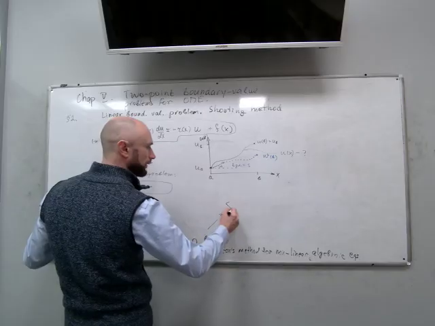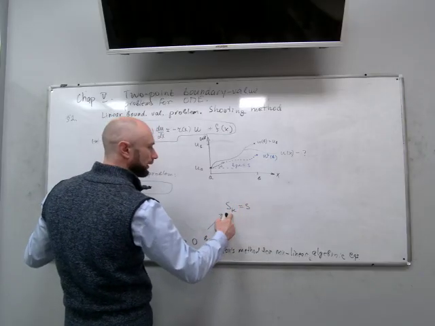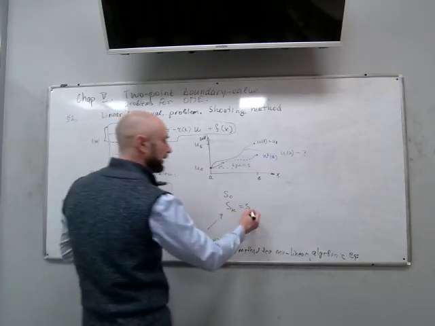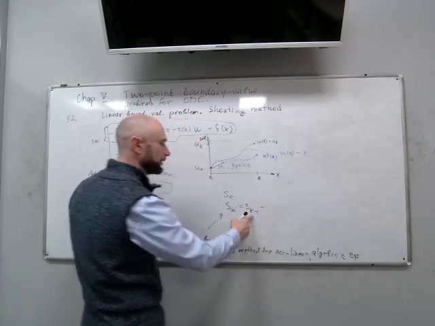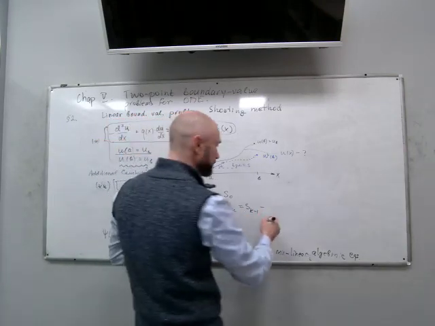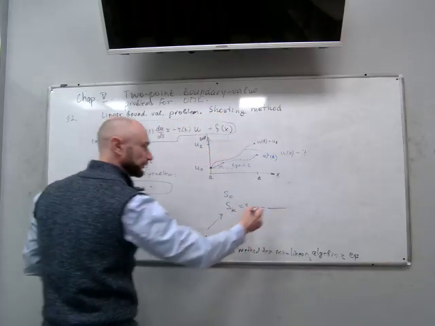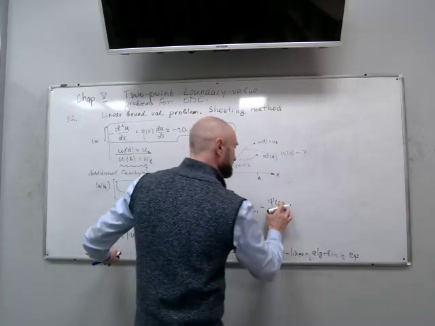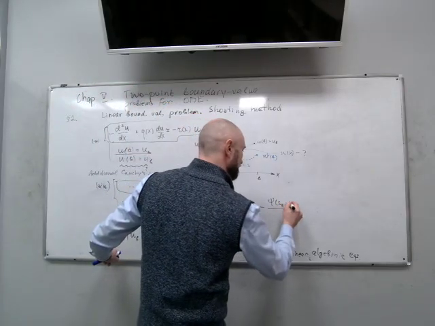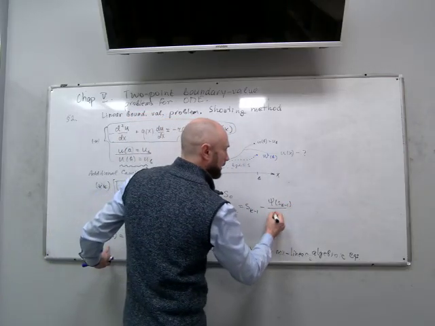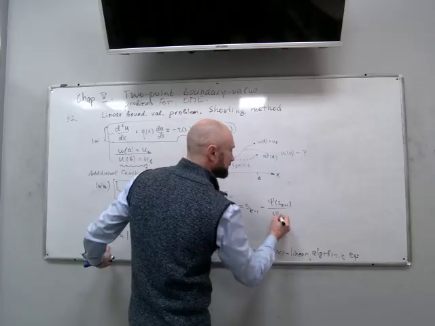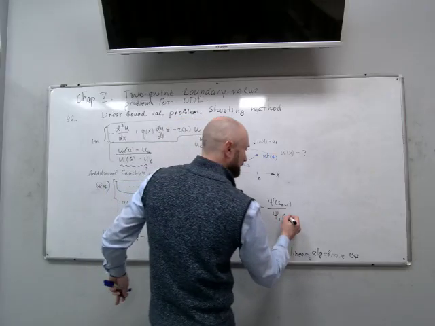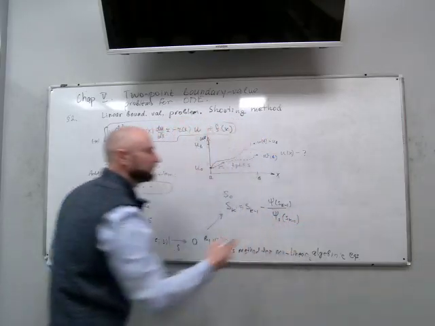What will the method look like? Let's say we started from some s0, some zero value of this parameter, and the next value can be calculated from the previous value according to the following formula: psi of s_{k-1}, of the previous parameter, divided by the derivative of this psi with respect to s, computed at the previous value of this parameter.